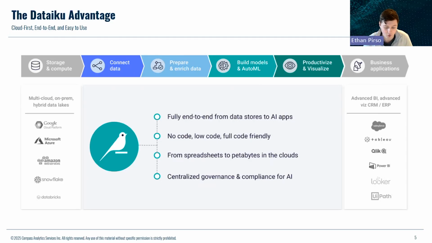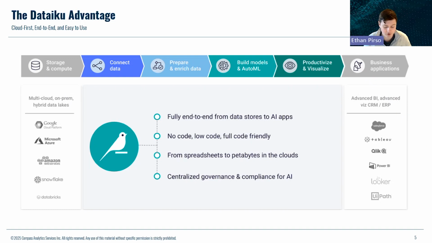So starting off, why should you use Dataiku, and where does it really sit within your enterprise? Well, it's really the best AI and ML engine that gets you from your silver layer data to your gold layer data. And this, of course, comes after you've built your data engineering pipelines from bronze to silver. Then Dataiku comes in, makes it easy to connect all of that data.